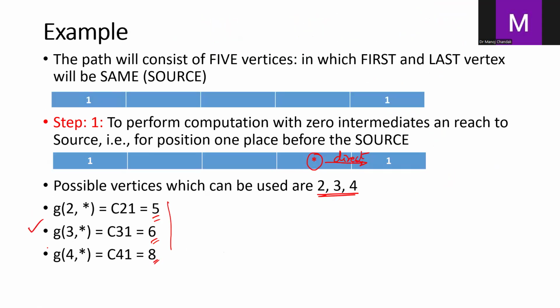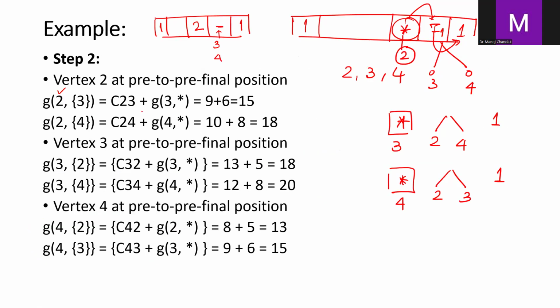We have already solved 3 and 4, and we know the distance from 3 to 1 and from 4 to 1. So similarly, if I want to write not 2 but 3 at this location, then I will have to use 2 and 4, and already I have solved that in the previous step.